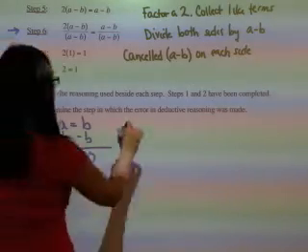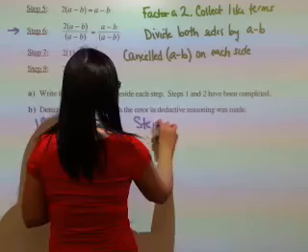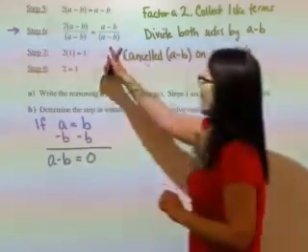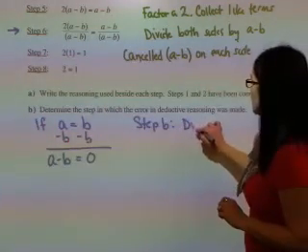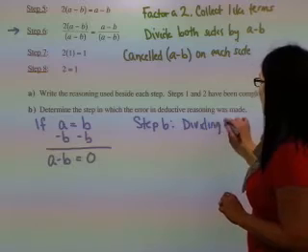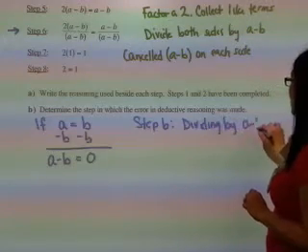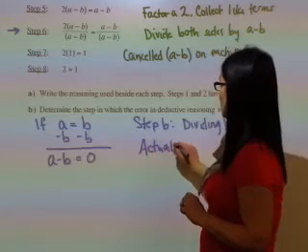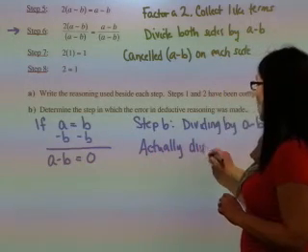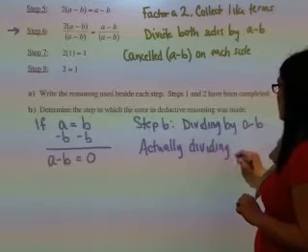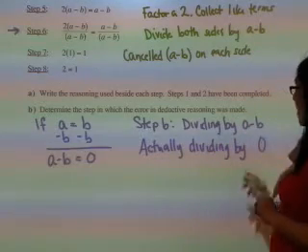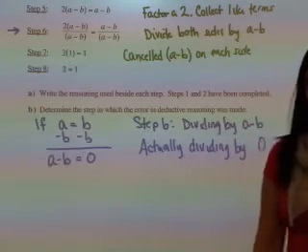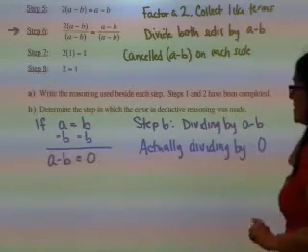So in step 6, when I was dividing by A minus B, I'm actually dividing by what? I'm dividing by 0. We can't divide by 0.